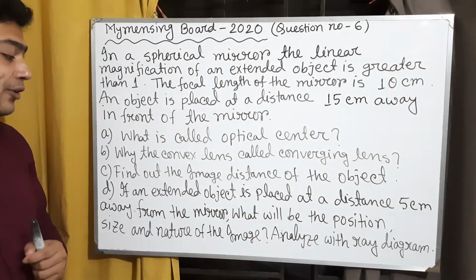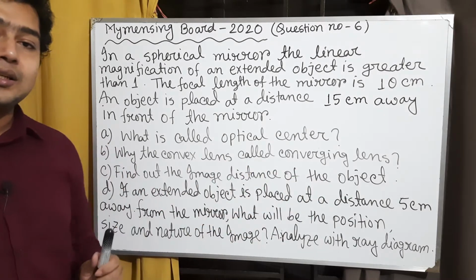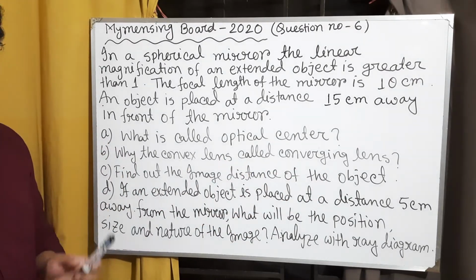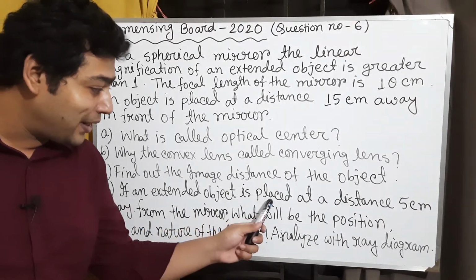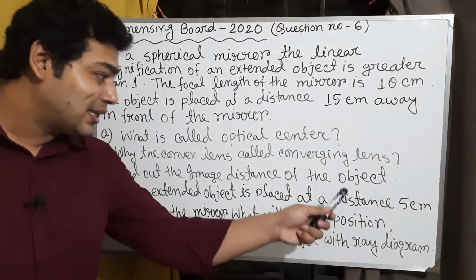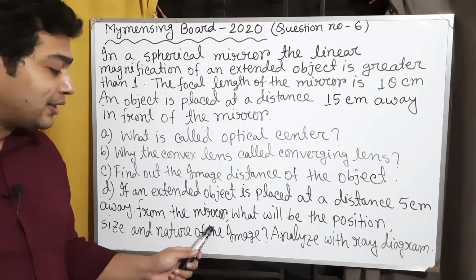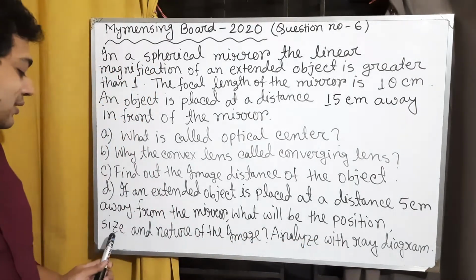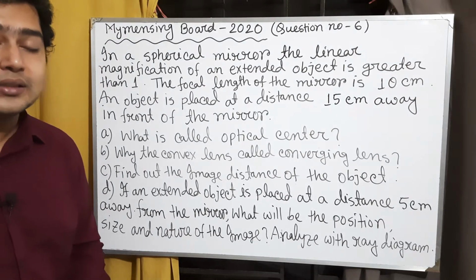And the last question D is: if an extended object is placed at a distance 5 centimeter away from the mirror, what will be the position, size and nature of the image?